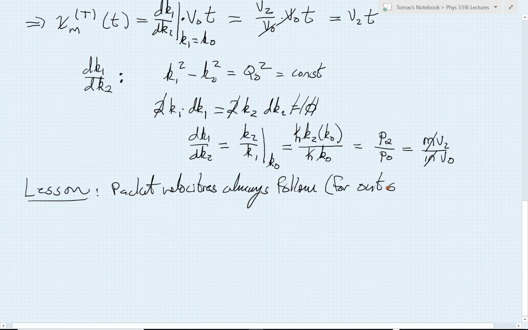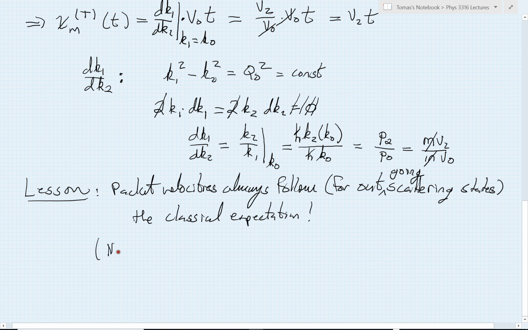What happens during the scattering, we are not making any claims about, but for the outgoing scattering states, those velocities always match, they always follow the classical expectation. That's kind of neat.